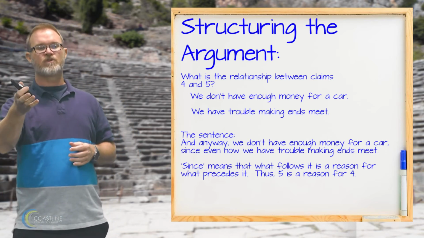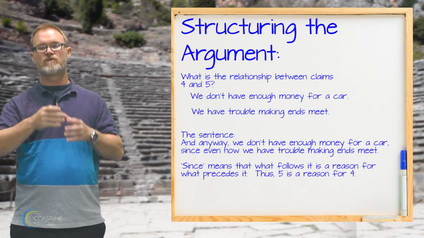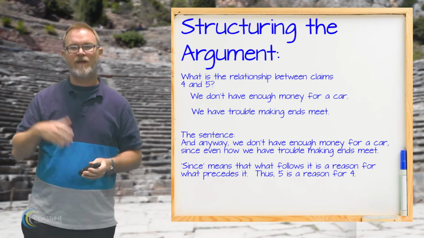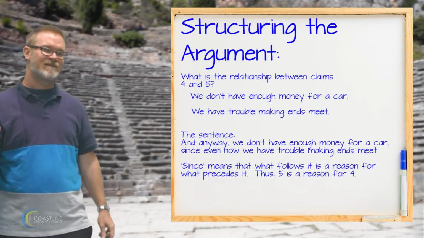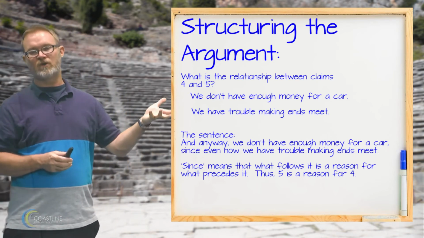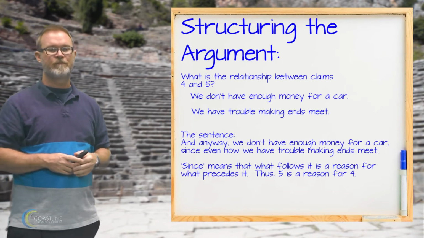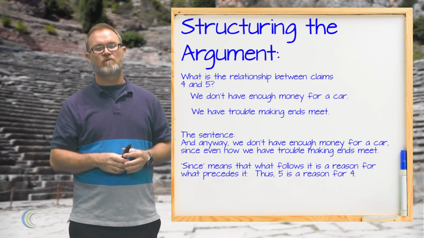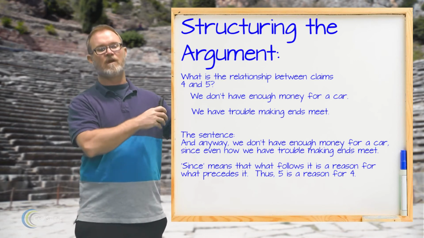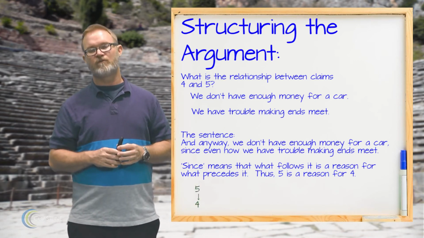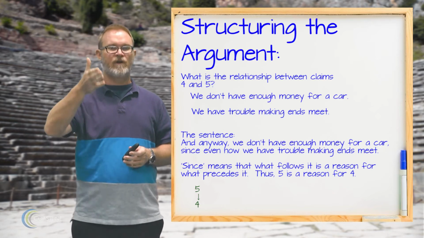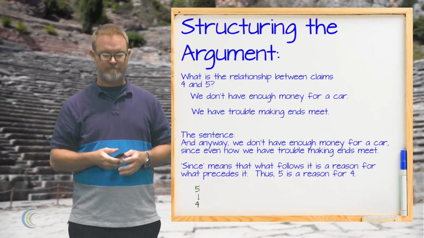So even now we have trouble making ends meet is a reason for not having enough money for a car, right? And that again makes sense, because if we can't eat, then we shouldn't be buying a car. It's that simple, right? So here, claim 5, we have trouble making ends meet, is a reason to think 4, we don't have enough money for a car. And so the structure goes from 5 arrow to 4. Okay?